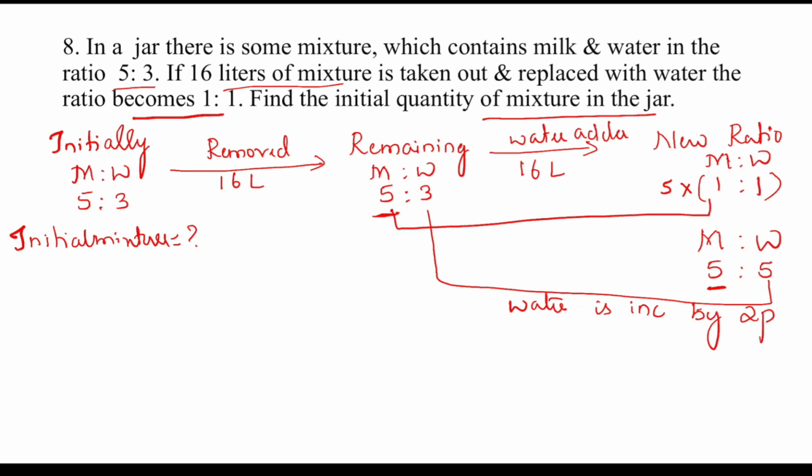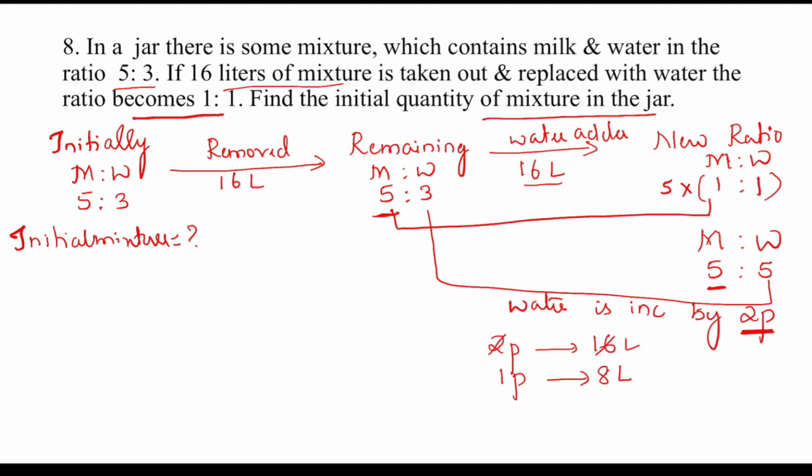So this increment in water is due to the addition of the 16 liters. Therefore I can say the 2-part increment is due to the addition of 16 liters of water. So if 2 parts is 16 liters, then 1 part will be 8 liters. Similarly we will find what was the remaining mixture first.